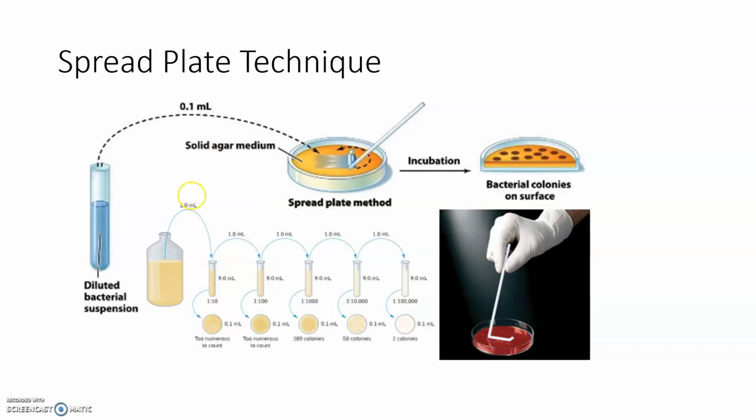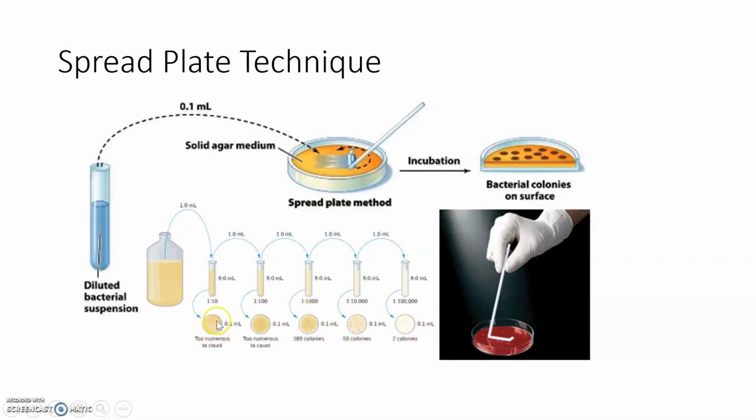That's why we take 0.1 ml, and we add 0.1 ml onto this plate. So the initial 1:10 dilution is too numerous to count. Then the count becomes less, and then we can obtain isolated colonies. Here we get well isolated colonies in the 1:100,000 dilution.